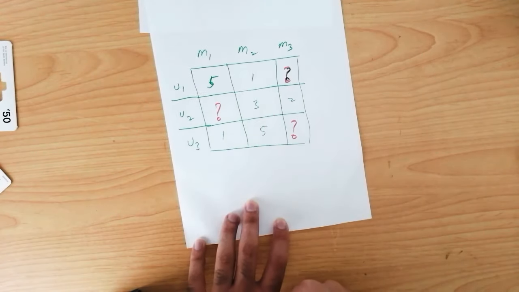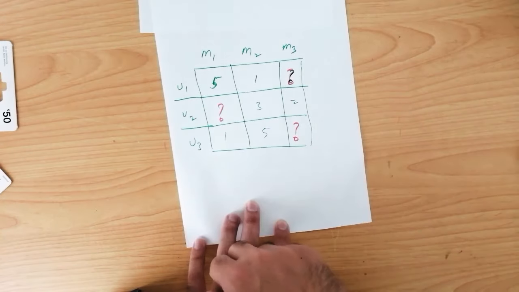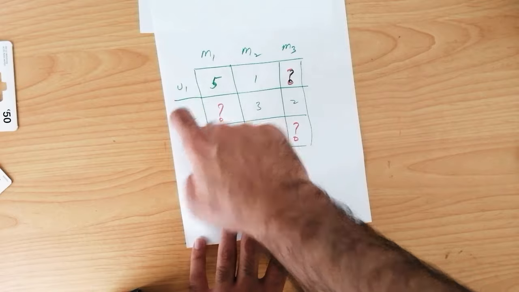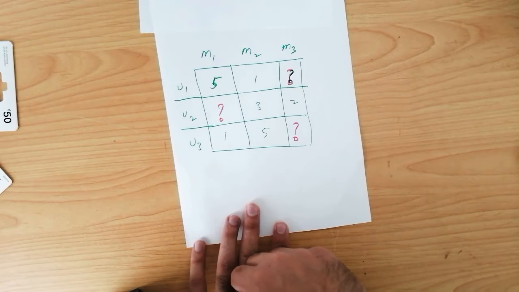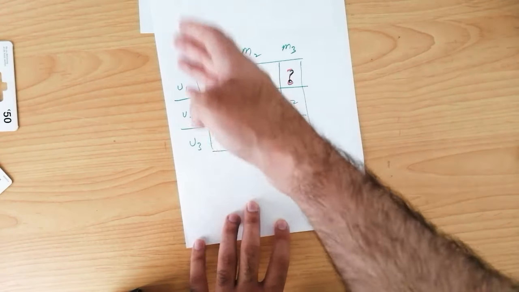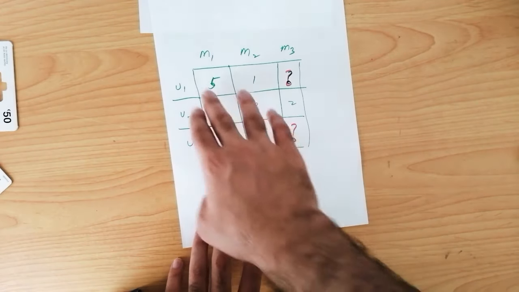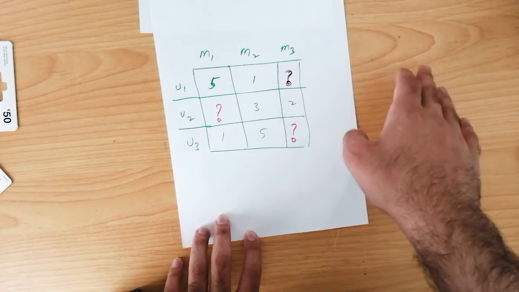And the problem is now, can we predict the rating of this movie for this user? Or in other words, can we recommend this movie to this user? Well, there will be a lot of movies, hundreds and thousands of users, so there will be a lot of movies that a user hasn't watched.